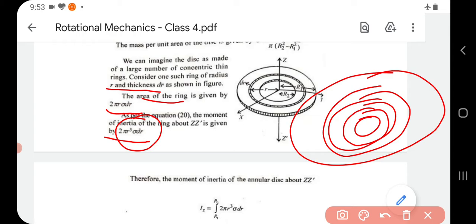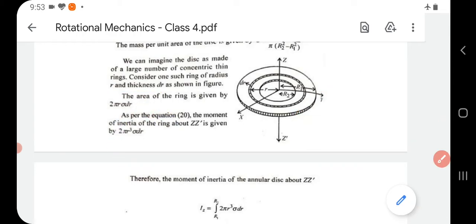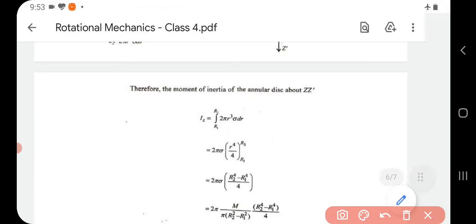Many such thin concentric rings will give you the annular disk. So in order to find the moment of inertia of the annular disk about an axis passing through the center, you have to integrate this expression from r1 to r2, that is from inner radius to outer radius.